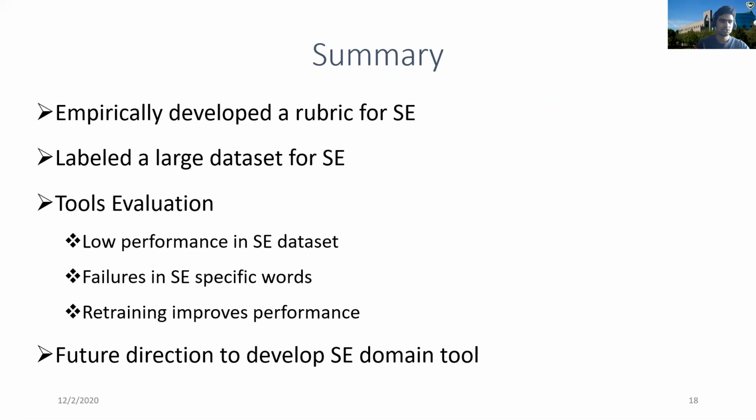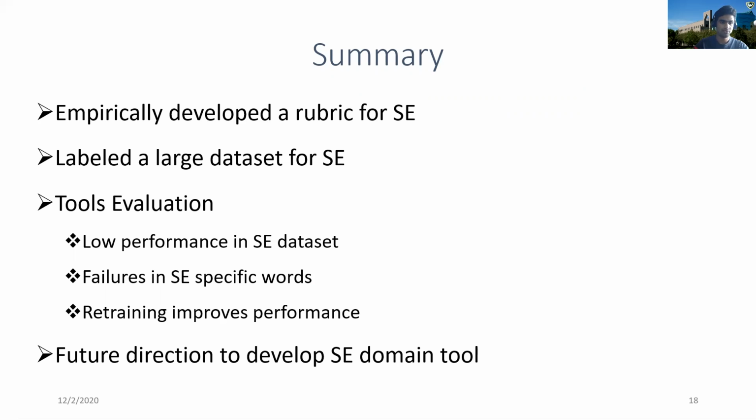To summarize our study, we empirically developed a rubric for the software engineering domain to label the data as toxic or not. Then we labeled a large scale data set for evaluating toxicity detectors in software engineering.